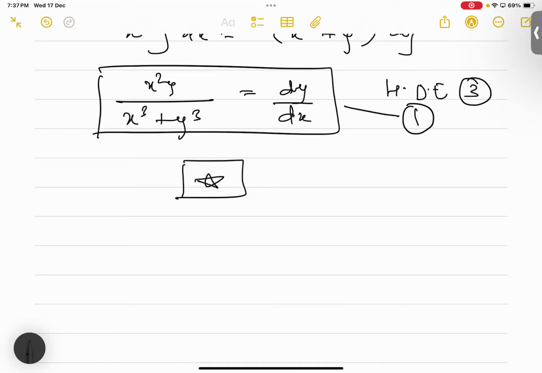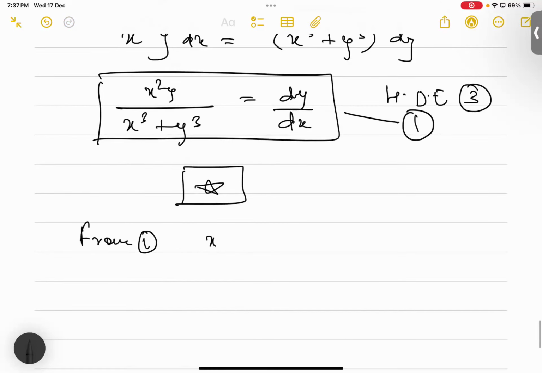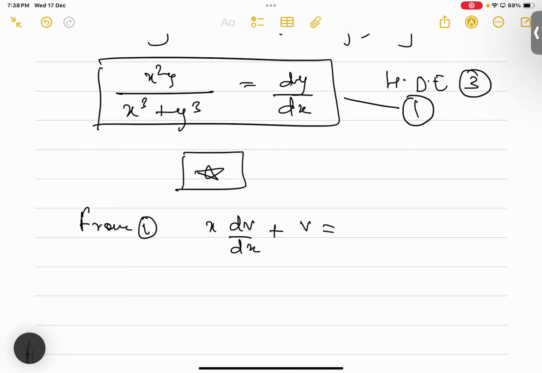So what is dy by dx? Can you tell me what is dy by dx? x dv by dx plus v. Now this is the third or fourth time we are doing this: put y is equal to vx. All those steps you can copy from the previous problem, or just put a star. x square vx.